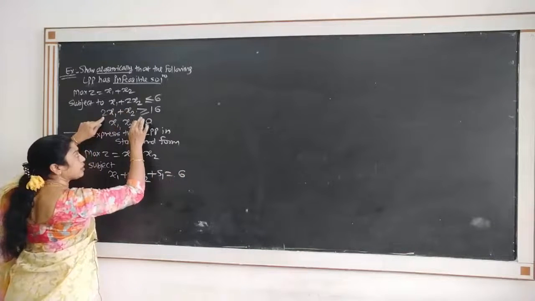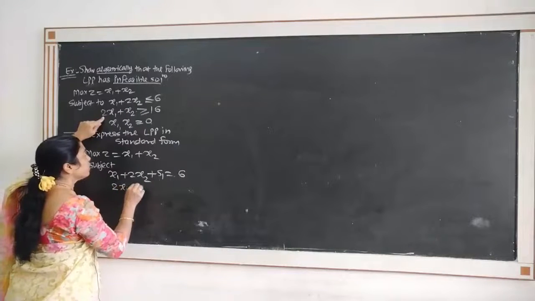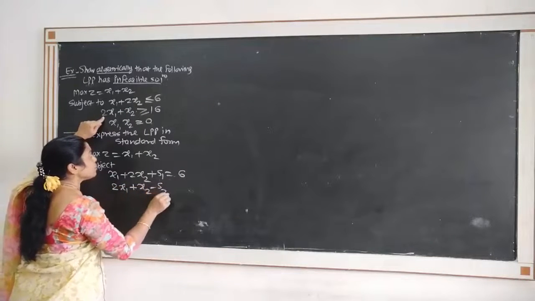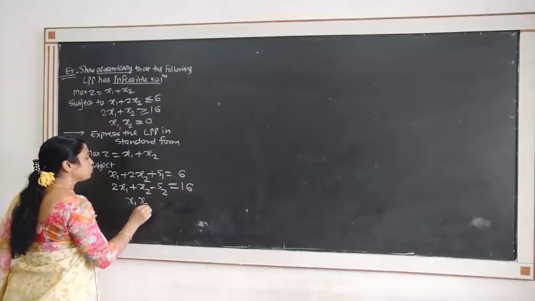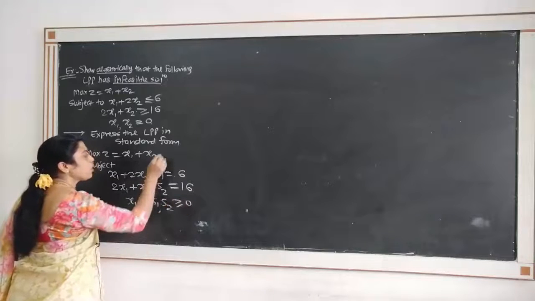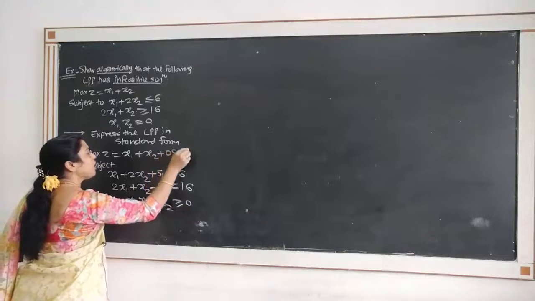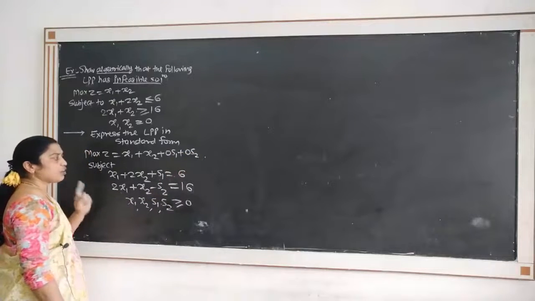Because this is greater than, subtract the surplus: 2x1 plus x2 minus s2 equal to 16, and x1, x2, s1, s2 greater than or equal to 0, adding 0 s1 and 0 s2 in the objective. So this is the standard form.